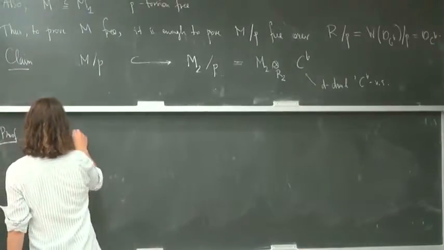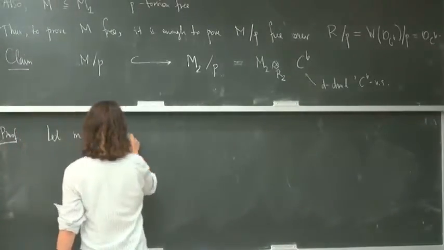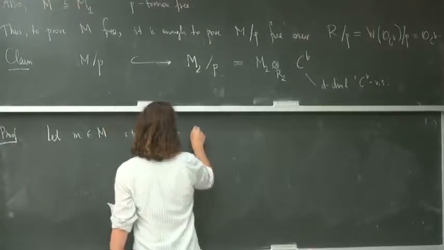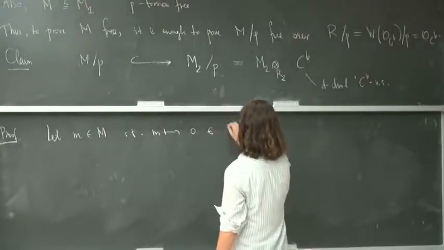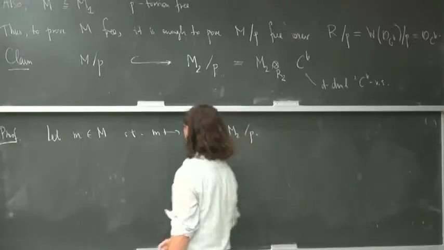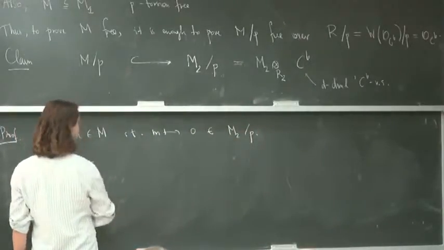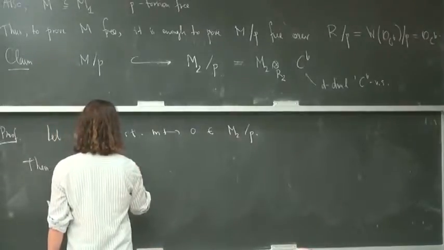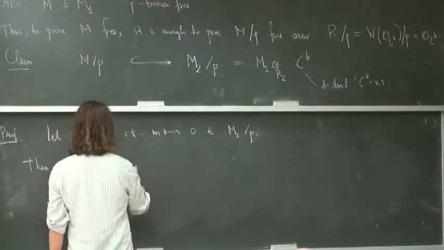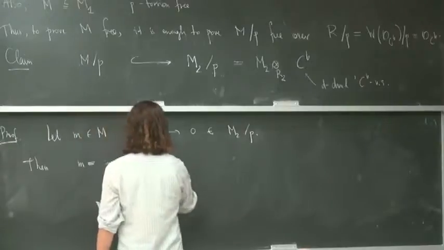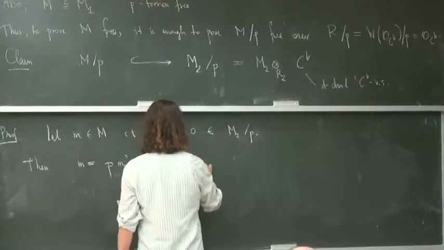So assume we have an element m in M such that m maps to 0 as an element in M2 mod p. Then m can be written as p times an element, let's call it m2 prime, where m2 prime is an element of M2.